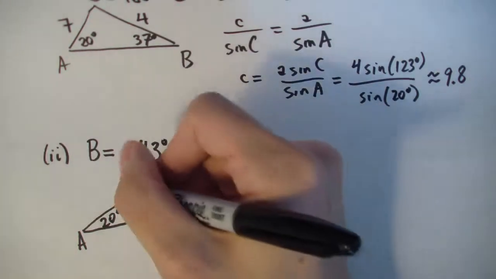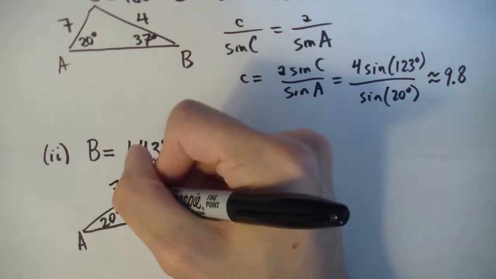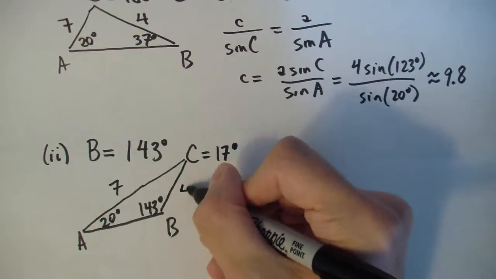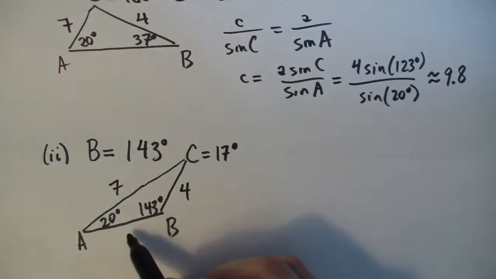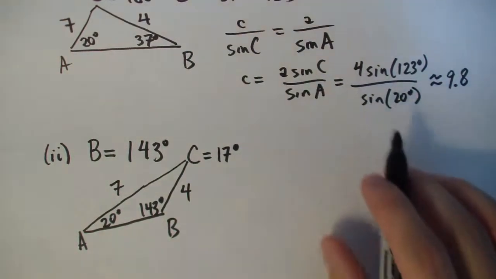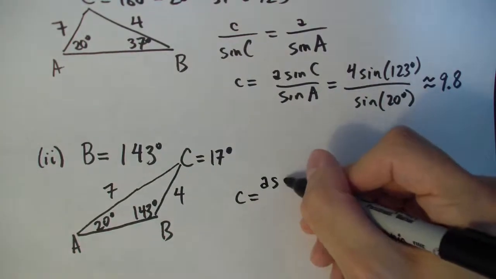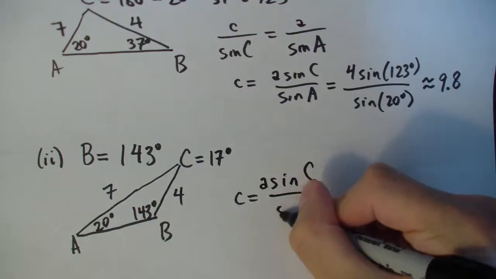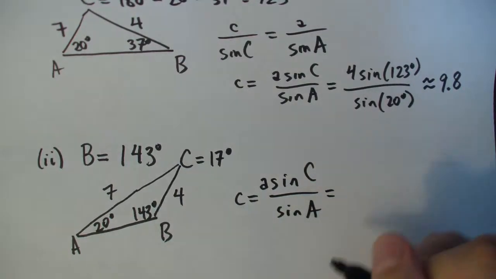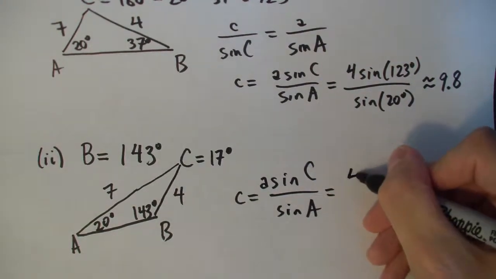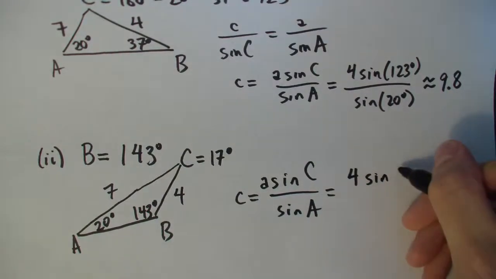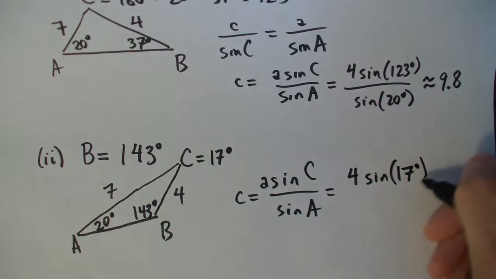And again, we still have the other side lengths. We have that side B is 7 and side A is 4. And again, we just have that one last side defined. And like before, it'll just be C is A sine of C over sine of A. Again, A was 4. And now C is 17 degrees.